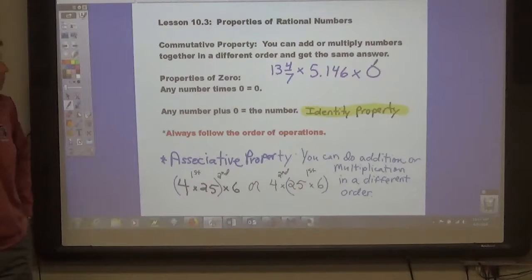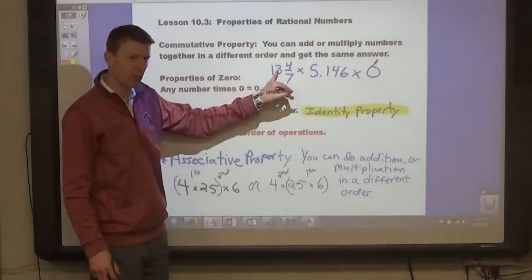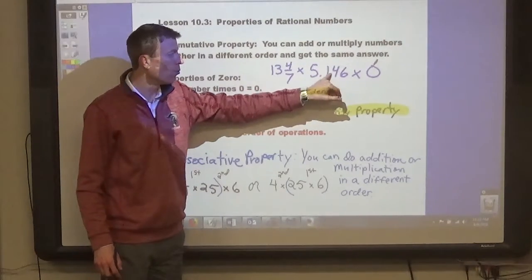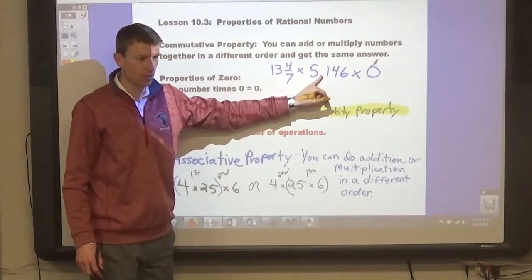What is any number times 0? 0. So would it make sense to take the time to do 13 4/7 times 5 and 146 thousandths first?